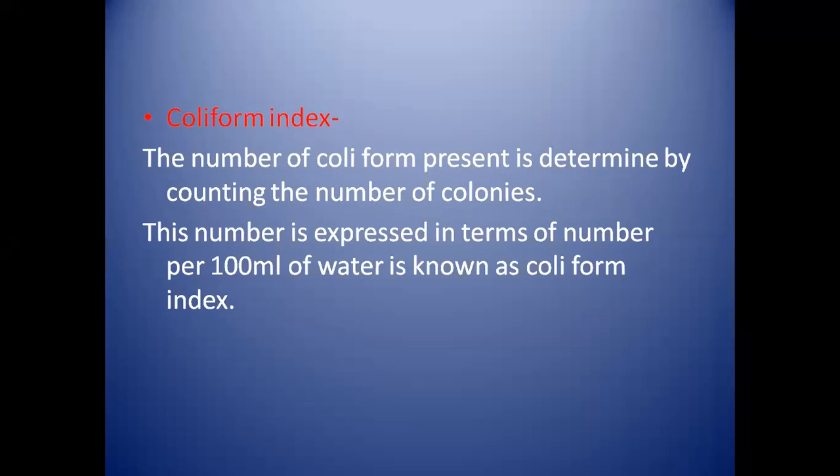This number is expressed in terms of number per 100 ml of water and is known as the coliform index. For 100 ml water, we find out the numbers or colonies of that bacteria.